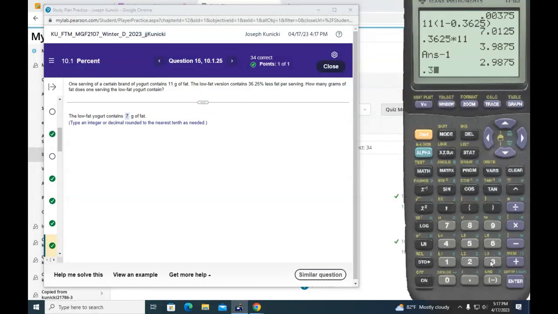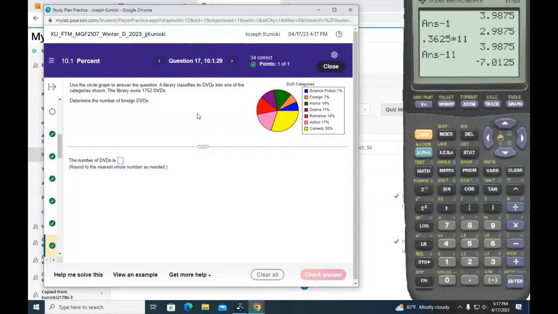I got to start over. 0.3625 times 11, minus 11, I get the negative because I didn't do it in the correct order, but it's just easier, so I don't have to type things in more than once, unless you make a mistake like I just did. But anyway, there's your 7 grams. They asked us how much was in the low fat version. They're telling us how much less fat there is, so that's what we're taking out, what's left. So 7 grams. All right.